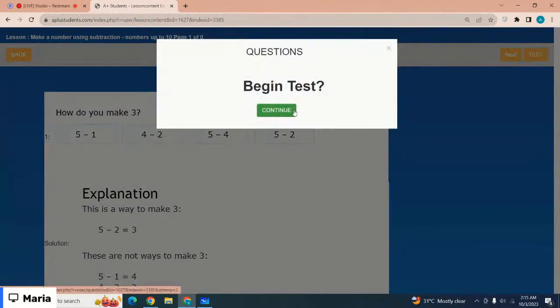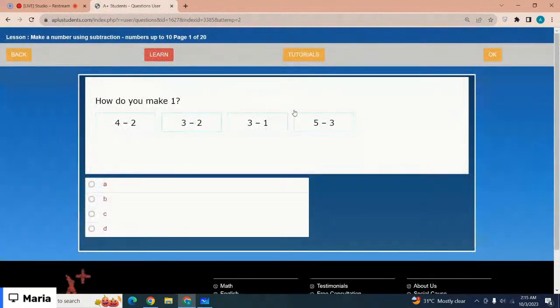For example, how do we make 1? You are given 4 options. You need to see which option makes 1, right? Okay, so let's just check with the 4 options given, right?